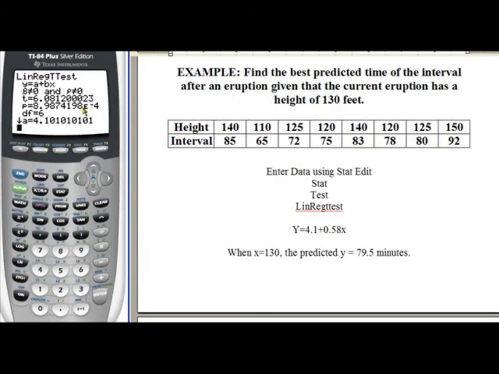And on top of that, it will spit out a couple of numbers, A and B, and that means A is 4.1 right here, and B is 0.58x. When you scroll down, you get some other correlation parameters, like this one. The correlation coefficient is around 93%. That tells you that's a good correlation.